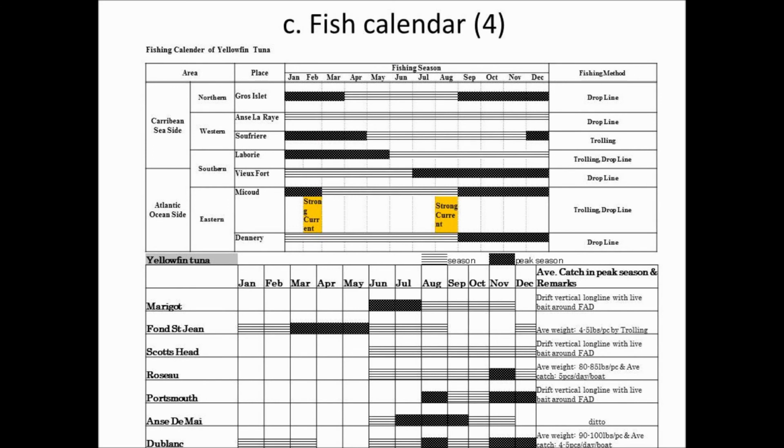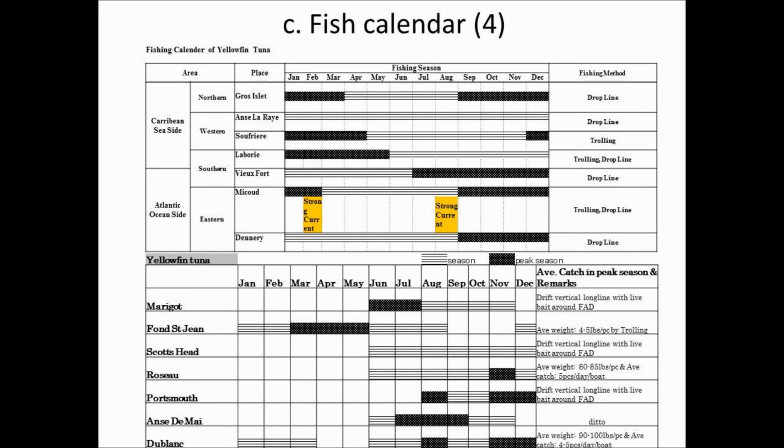Again, we have a further breakdown of the fishing calendar which is specific to yellowfin tuna. This chart is specific to St. Lucia, and the second chart is specific to Dominica.